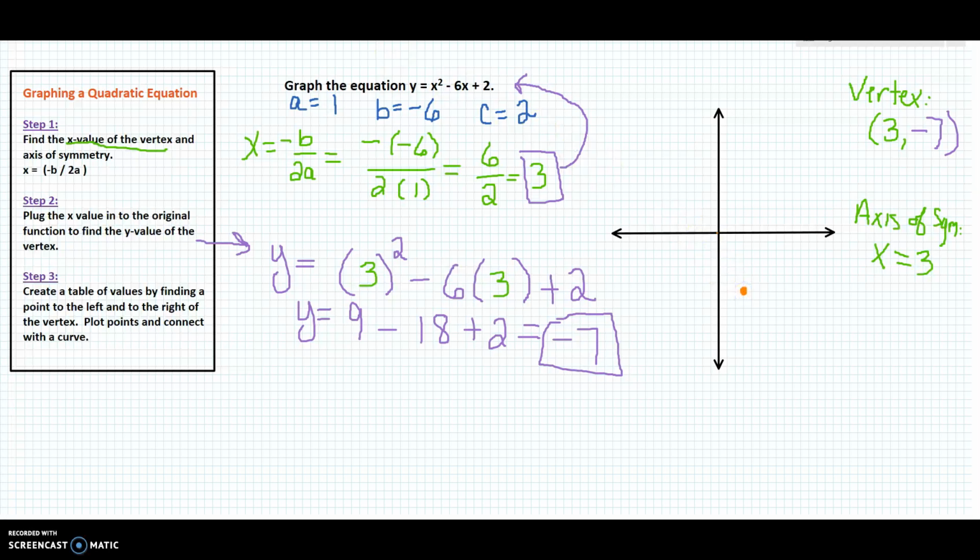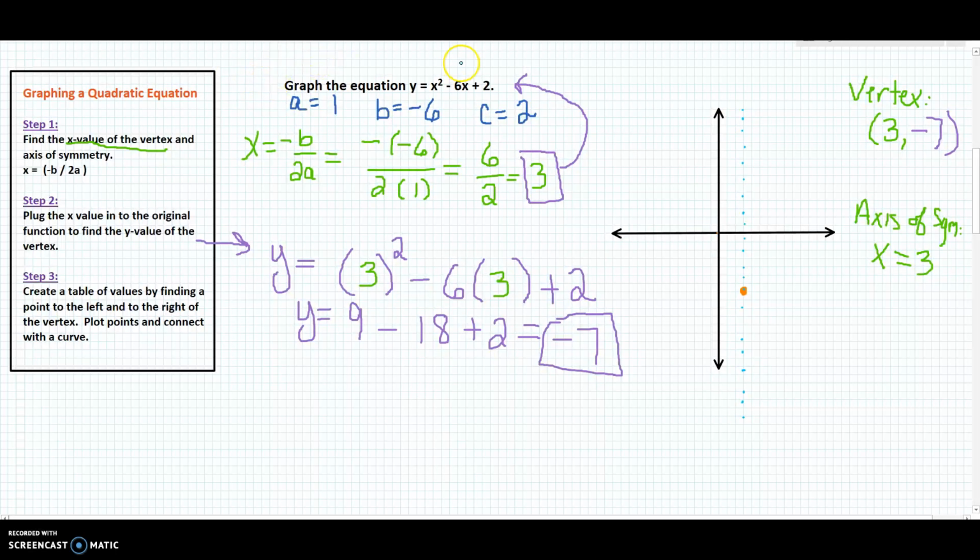I also know that there's an axis of symmetry that goes through that vertex. So we can draw it, and we usually draw the axis of symmetry as a dotted line. So that is our axis of symmetry. If we fold our parabola through that, then they should match on each side.